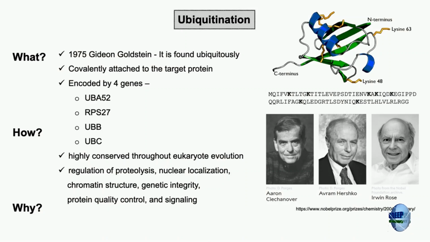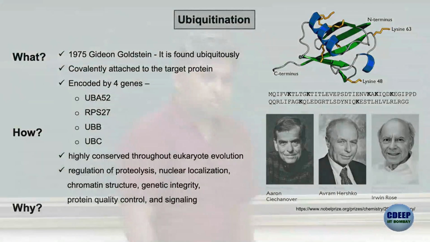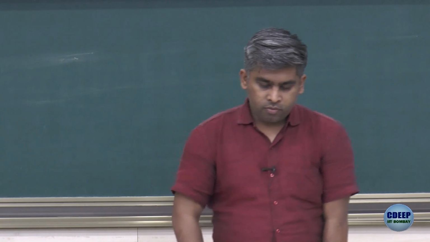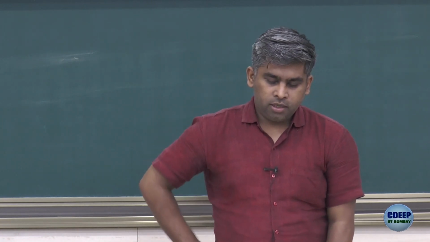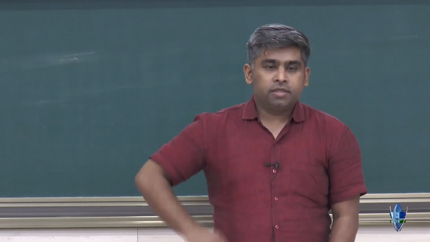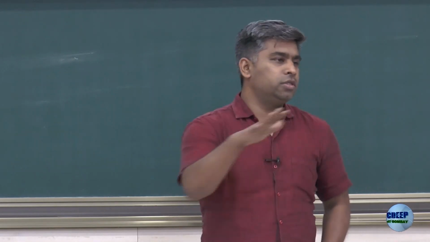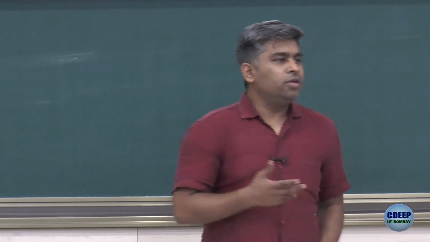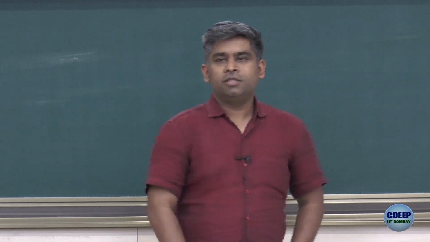As most of you know, ubiquitin is a 76 amino acid polypeptide. In 1975, Goldstein found that it is a protein which is ubiquitous. That's how the name ubiquitin came, because it is everywhere.